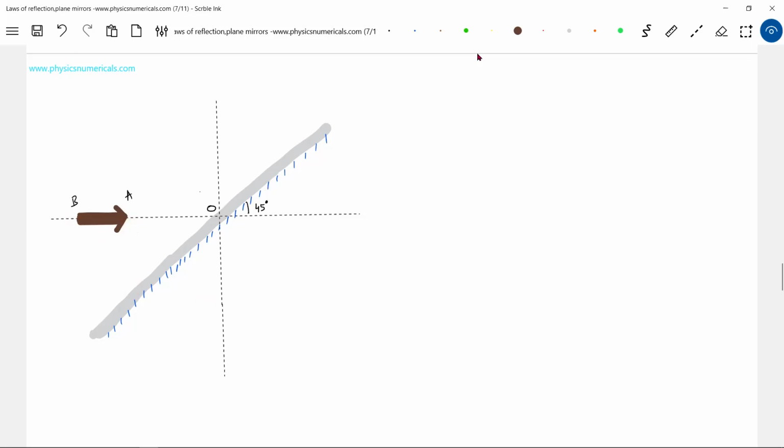So you just take help of some vertical lines, drop a normal like this. Corresponding to that, you locate the image. Let me drop it. Now here you are going to bring the image.